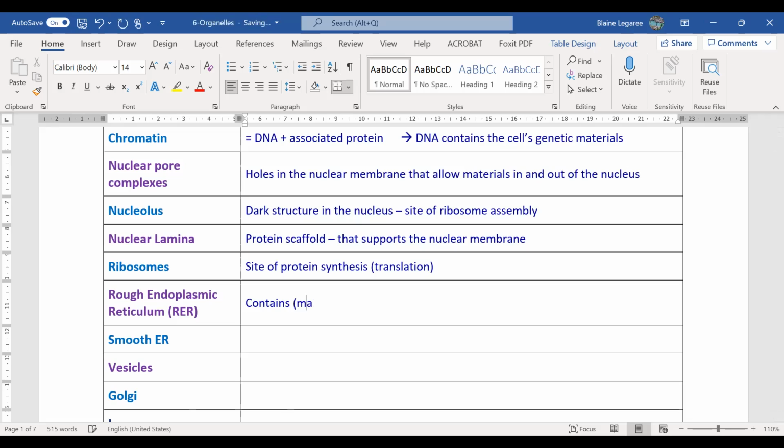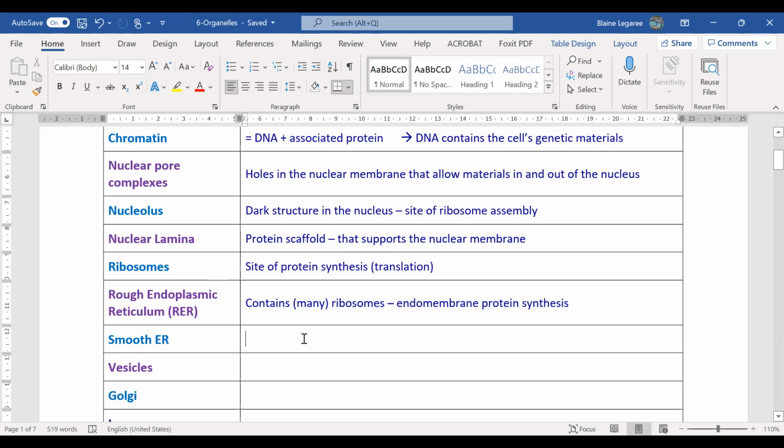This contains many ribosomes, and we'll say this is involved in endomembrane protein synthesis. Meaning that it's making proteins that are going to be targeted towards the endomembrane system or being secreted, which is in my mind all the same thing, because secreted is going to the plasma membrane, and the plasma membrane is part of the endomembrane system.